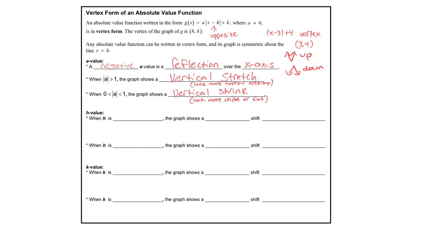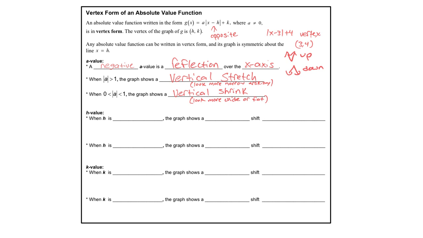I know someone's probably going to get offended that I said fat and skinny in a math video, but I'm just talking about what's going on there. Okay. So that's what the a value does. The a value tells us if it opens up or down, is it narrow or wide, which is called a vertical stretch or vertical shrink if we want to get to the technical terms, which we will use.